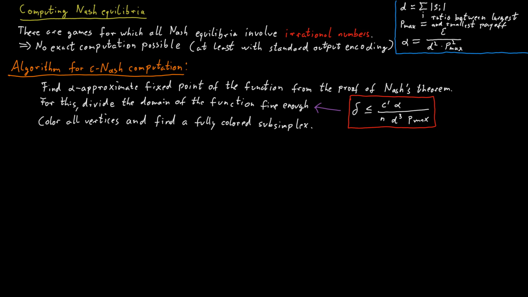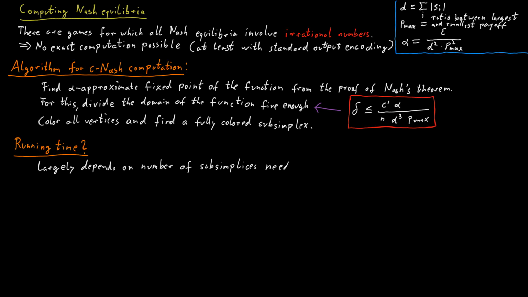The main remaining question that you should ask yourself as a computer scientist is, how long does this take? What's the running time of this procedure? And this largely depends on the number of subsimplices we need, because we need to find a fully colored one, and we don't have any good method of doing that other than to just look through each one of them.